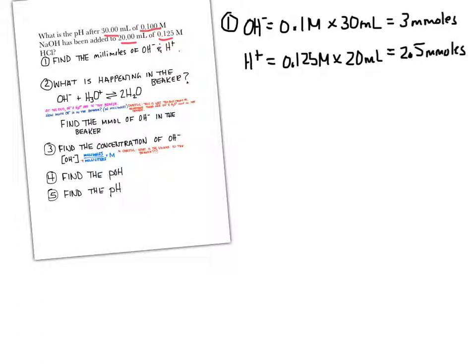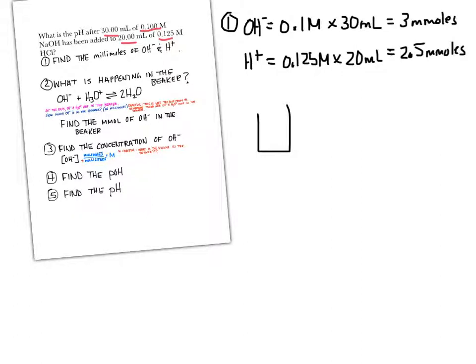Okay, step 2 asks you what's happening in the beaker. So I really want you to take a moment to visualize what's happening. What's the pH after 30 milliliters of 0.1 sodium hydroxide has been added to 20 milliliters of 0.125 molar hydrochloric acid?